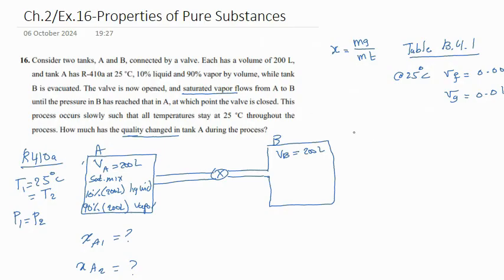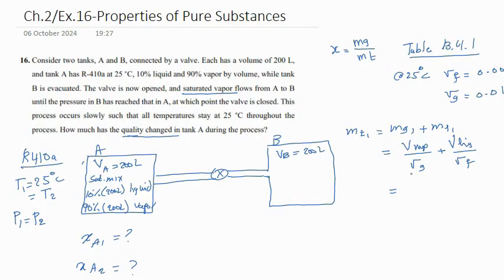We can write that the total mass in tank A at state 1 is equal to the mass of the vapor at state 1 and the mass of the liquid at state 1, which can be written as the volume of the vapor divided by the specific volume of the vapor plus the volume of the liquid divided by specific volume of the liquid.